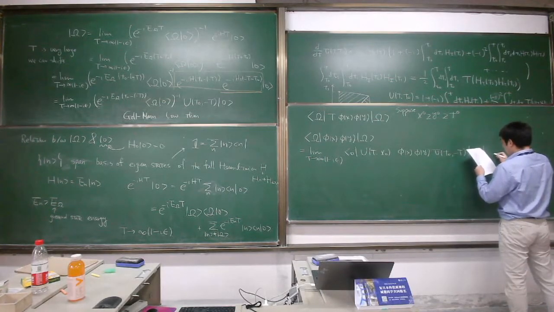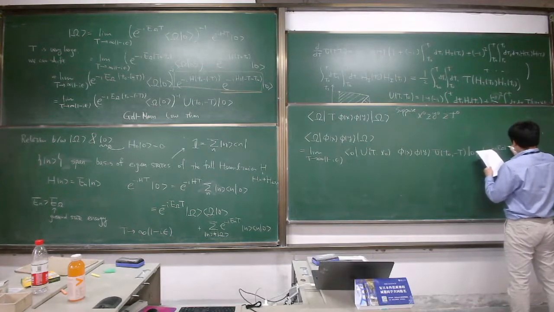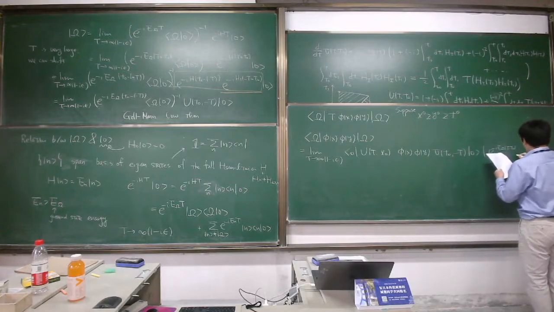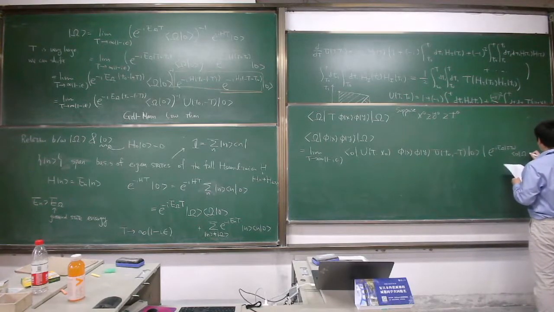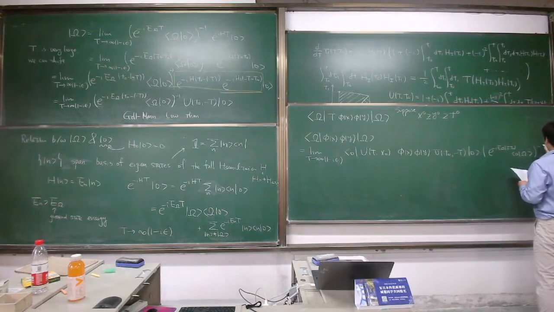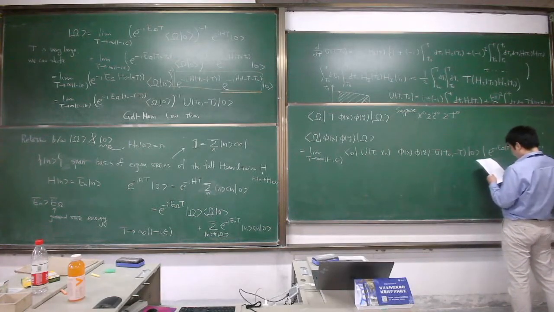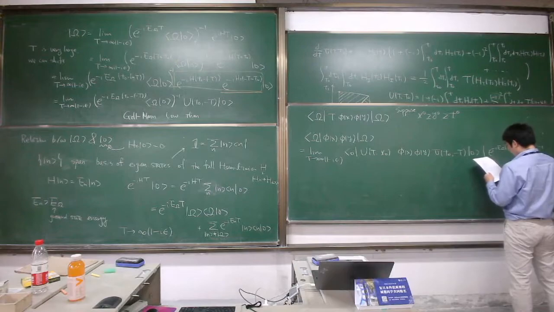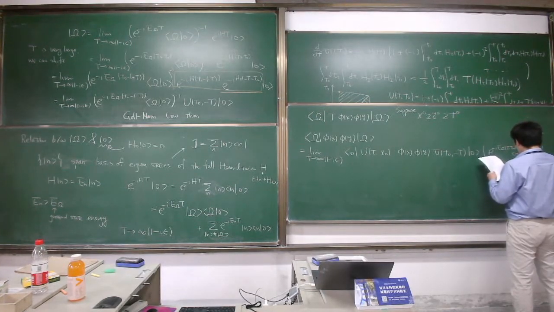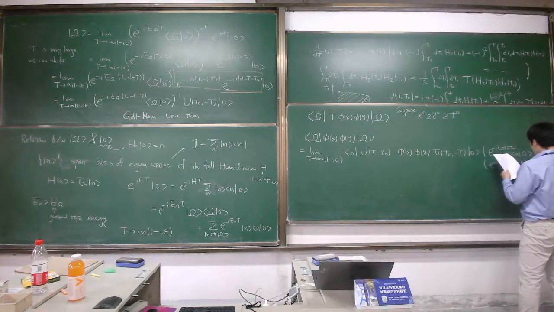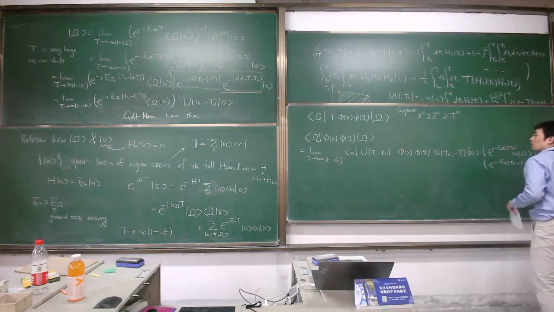So normalization is essentially e to the minus i E omega (t minus t naught), 0 and omega inverse, and then e to the minus i E omega (t naught minus t), omega and 0 inverse.